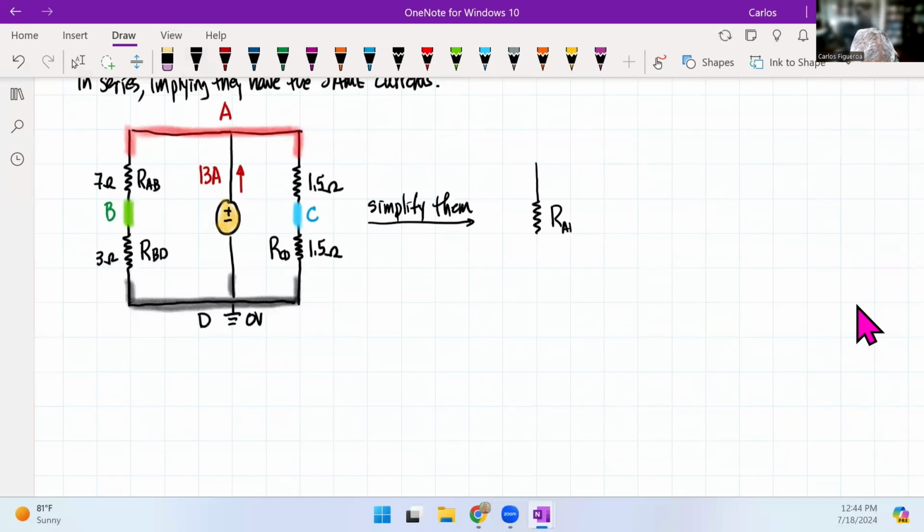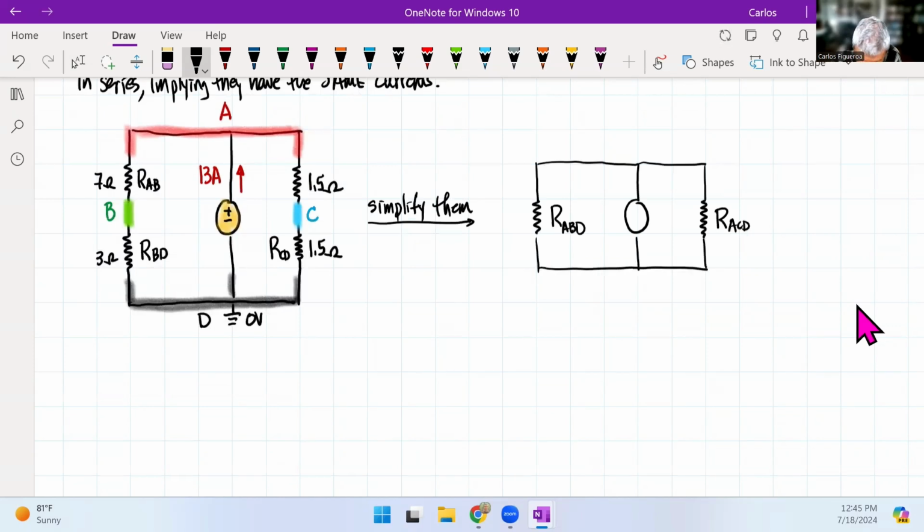I'm going to say RABD, and then I'm going to look at my source, and then I'm going to have a second resistor with a resistance of RACD, and it's going to look like this. And once again, I still have 13 amps going in that direction.